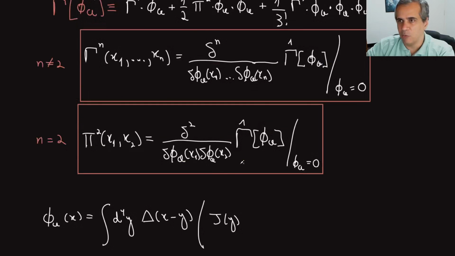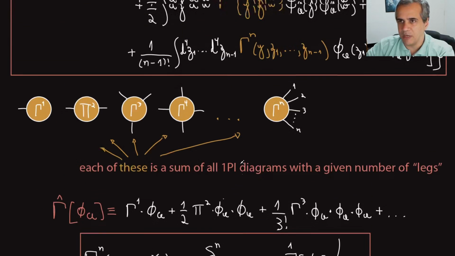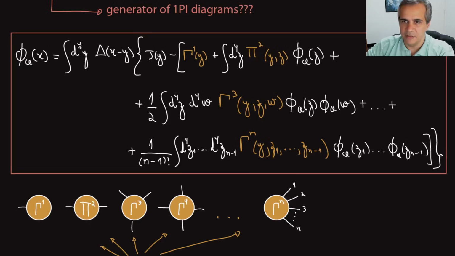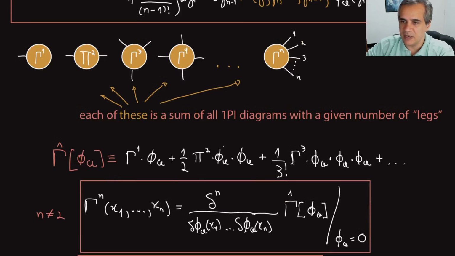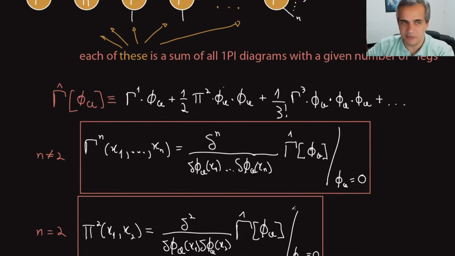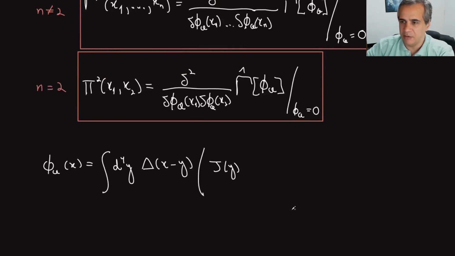So far, I'm only repeating what I have here: d^4y, propagator, source. But from here on, I basically have one derivative of this guy in relation to the classical field. That's why I have one less power of the classical field everywhere. So I can rewrite this in this way.